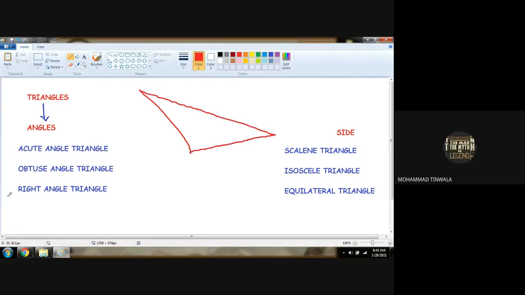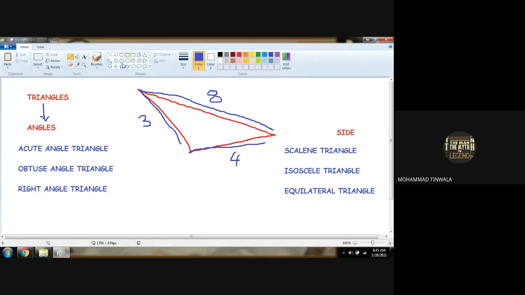Then, if this is 3 centimeter, this is 4 centimeter, and this is 8 centimeter, all these three sides are unequal. That is scalene. This side is 8 centimeter, and these sides are 3 and 4. So this is a scalene triangle.